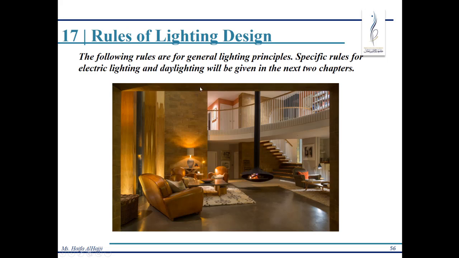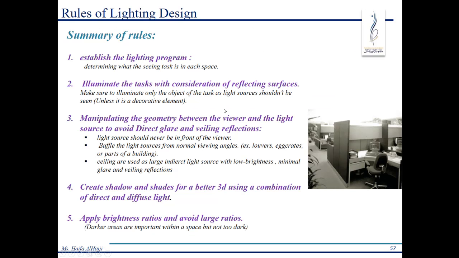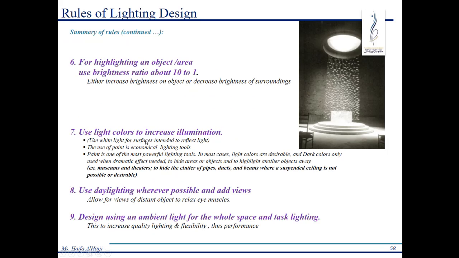This one I told you about: try as much as possible to have bright ceilings, bright walls. And use daylighting wherever possible and add views. This is definitely try as much as possible to use daylight instead of electric lighting. And as much as possible, allow people to relax their eyes by seeing views to the outside. Okay, design using ambient light for the whole space and task.